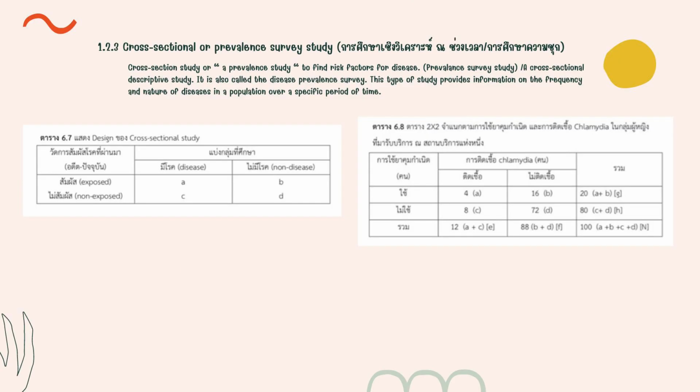Next, number 3, cross-sectional or prevalence survey study. A cross-sectional study or prevalence study is also called a disease prevalence survey. This type of study provides information on the frequency and nature of disease in a population over a specific period of time. Table 6.7 shows the design of a cross-sectional study, which includes variables as follows: A, exposure and disease.